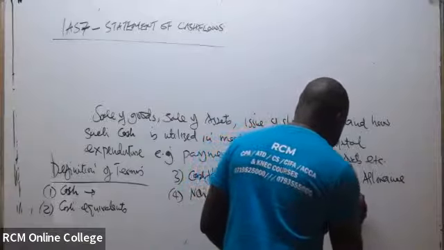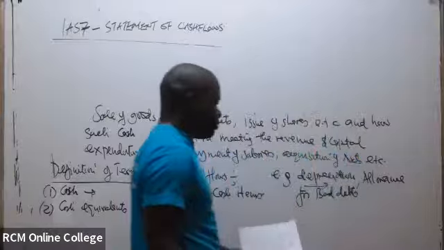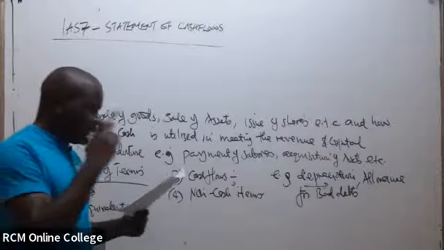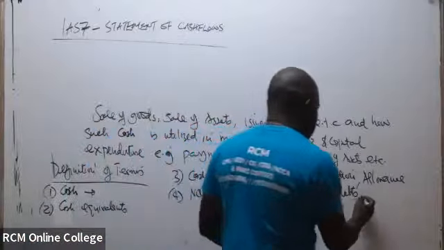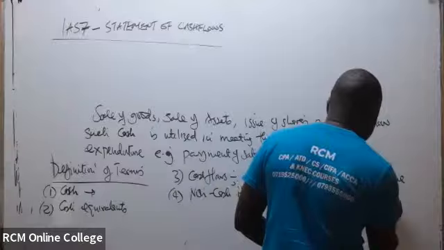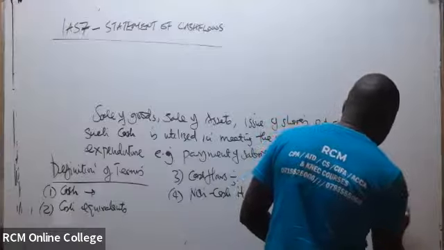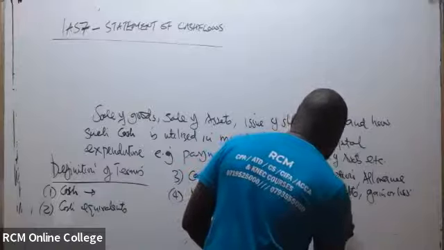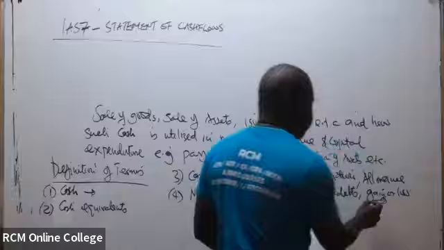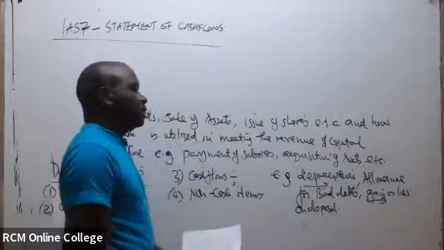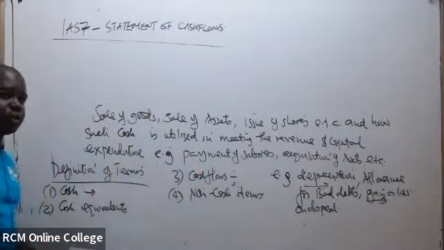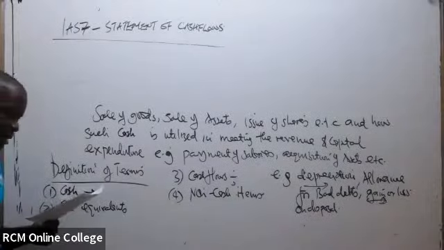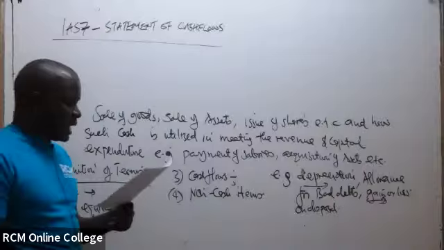Gain or loss on disposal: the gain, you recognize it as an income, and the loss, you recognize as an expense. We call them non-cash items.